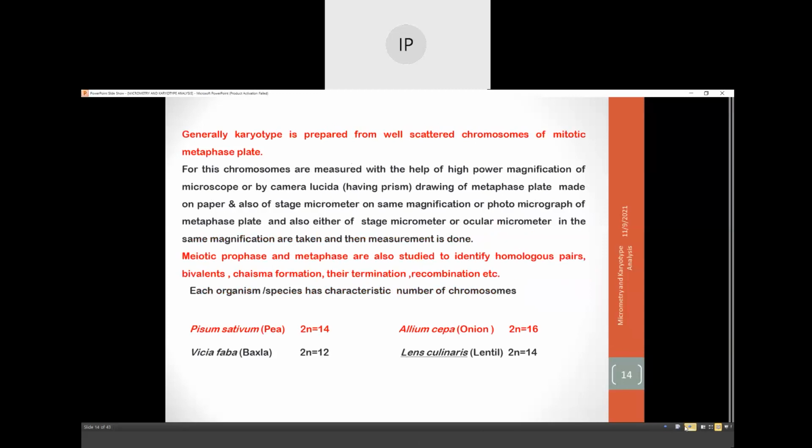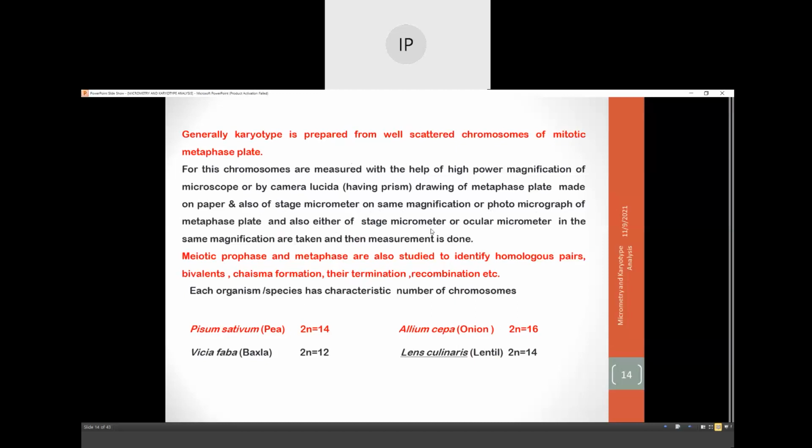Generally, karyotype is prepared from well scattered chromosomes of mitotic metaphase plate. This we will see later on. For this, chromosomes are measured with the help of high power magnification of the microscope, or by camera lucida having prism, drawings of the metaphase plate made on paper and also of stage micrometer at the same magnification, or a photomicrograph of the metaphase plate, and also either of stage micrometer or ocular micrometer at the same magnification are taken, and then measurement is done.